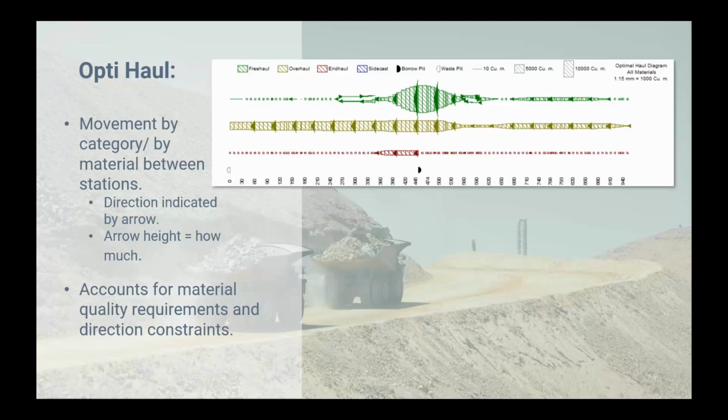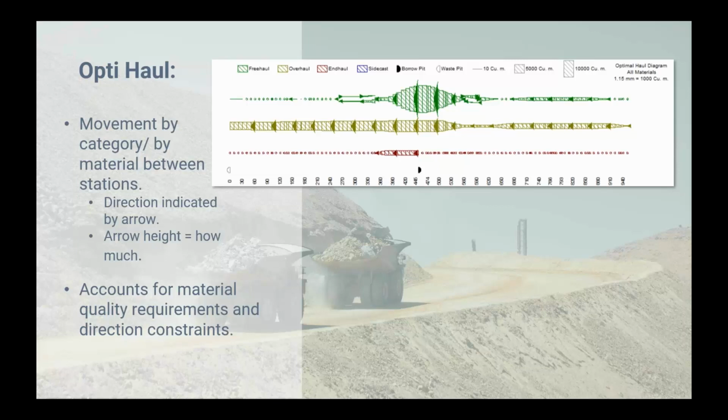So our development team at Softtree has created a more sophisticated MassHaul diagram that is called the Opti Haul diagram, and it addresses these deficiencies. The Opti Haul diagram here at the top shows movement by category by material between stations, where direction is indicated by arrows and the height of the arrow corresponds to the amount of material that is moving.